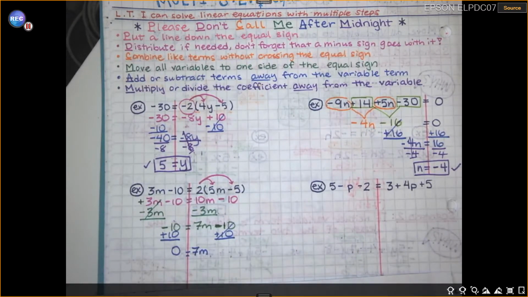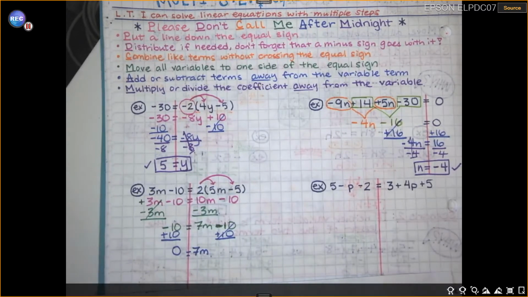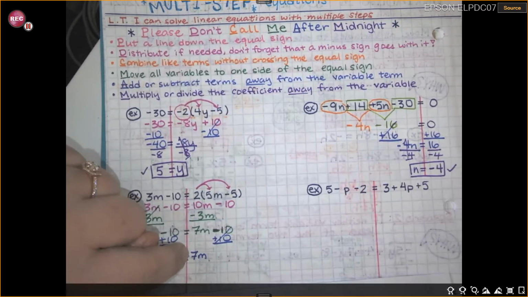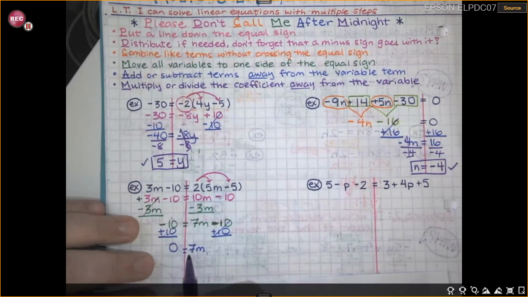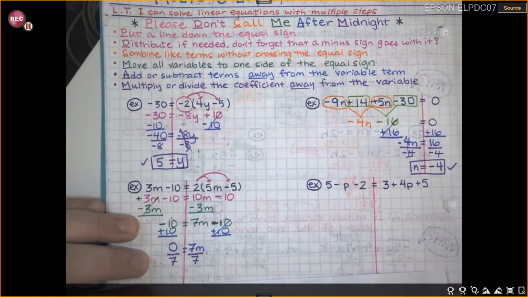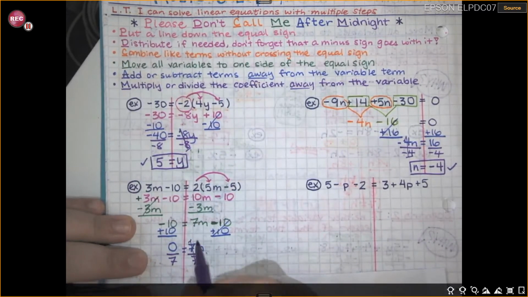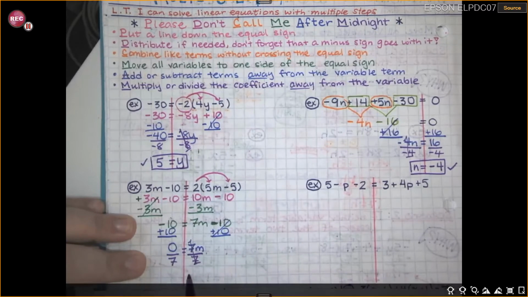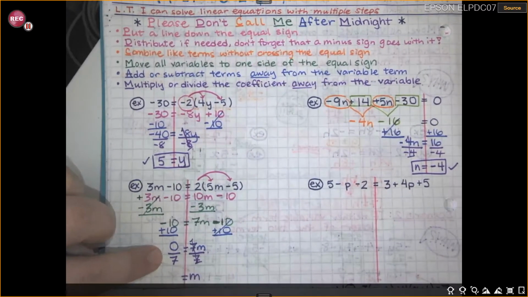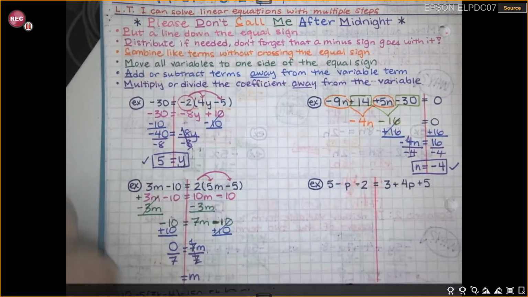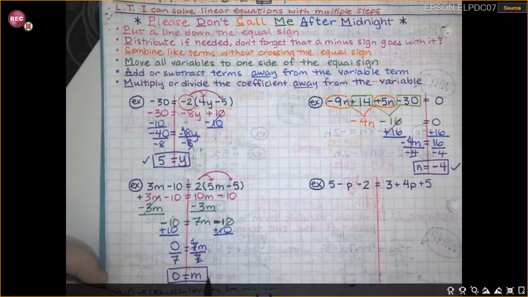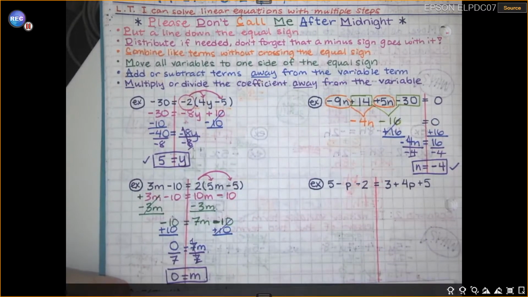Put 0 and continue with your steps, right? The next step is then to multiply or divide that number away. Since it's 7 times m, we're going to divide by 7. Notice I'm not dividing by m, just the 7. I'm trying to move the 7 only, leaving my m all alone. Now, if you forget how to do that, put it in your calculator, but 0 divided by 7 is 0. So m must equal 0.